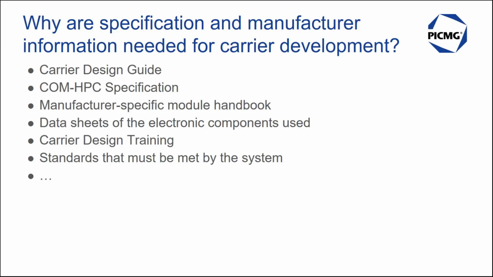As mentioned, the manuals or datasheets of the module manufacturers are also essential when developing a carrier board. Depending on the features used, even more knowledge may be required. However, the carrier design guide is a good basis for carrier development and helps with its examples of various features.